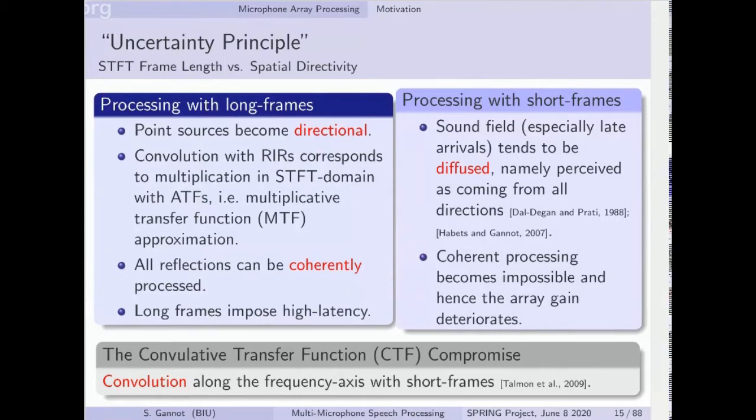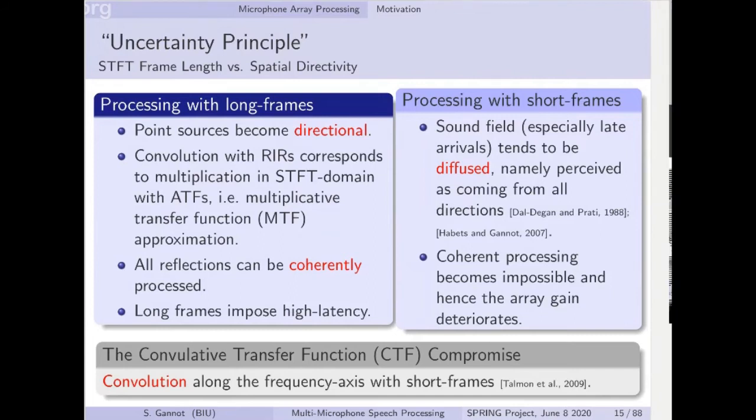This gives us a lot of benefits in that we can direct a very narrow beam toward the source, and we can also direct a very narrow beam towards a point interference, like an air-conditioner, a computer, some noise source, or another speaker, and then we can quite easily attenuate the interference and maintain the desired source. These are the benefits of using very long frames, but of course there are drawbacks due to the latency of the processing.